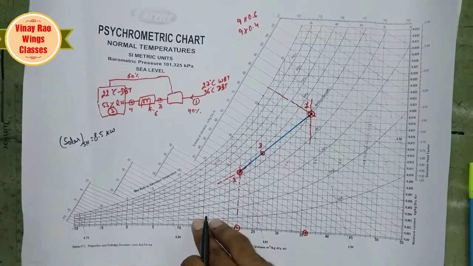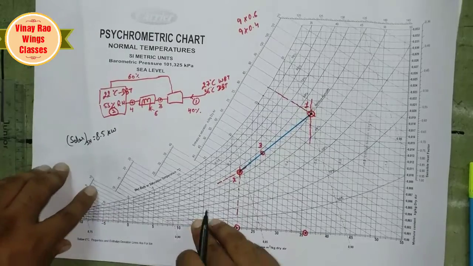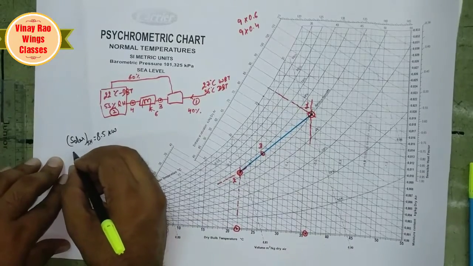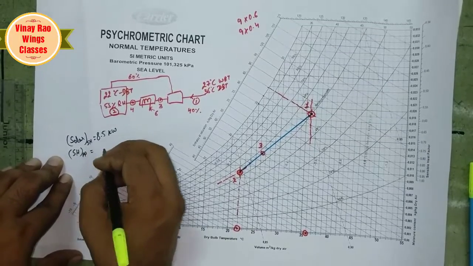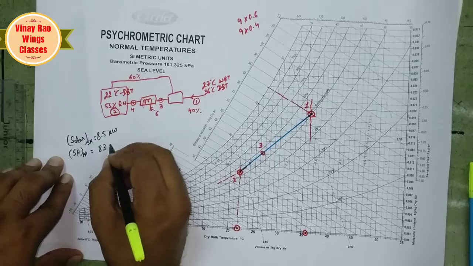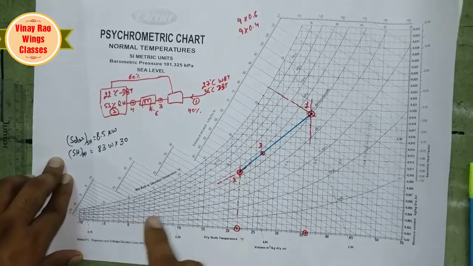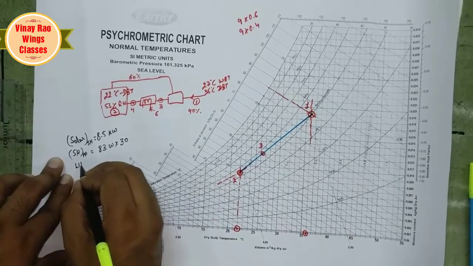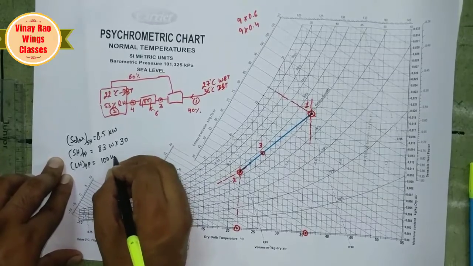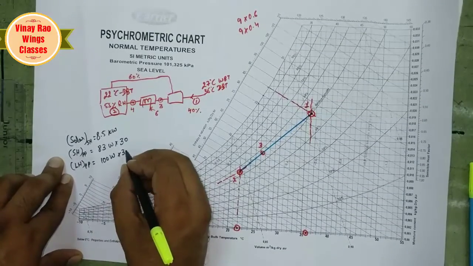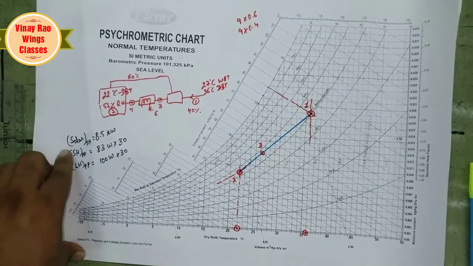The sensible heat gain per person is 83 watt times 30 occupants. The latent heat per person is 100 watt times 30. So these are the sensible heat, latent heat and solar heat gain.